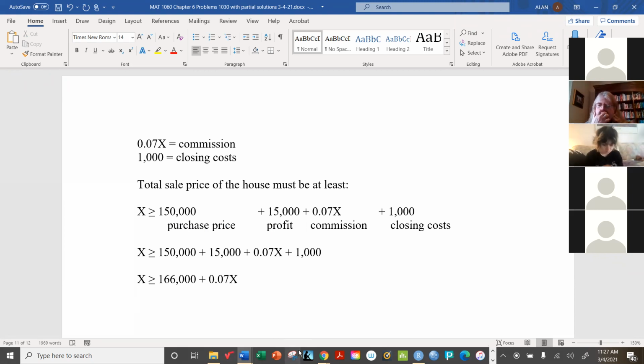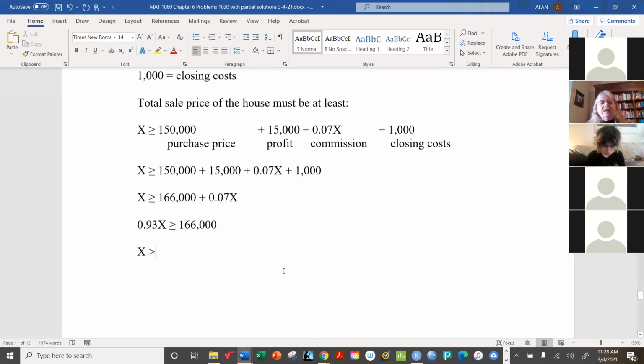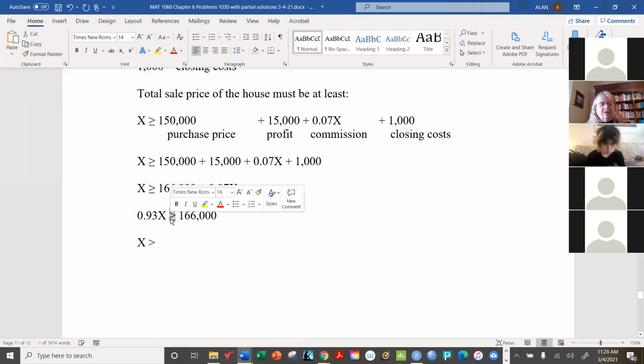Okay, now the next logical step would be to subtract 0.07x from both sides, and that would leave me with 0.93x. Oops. Must be at least $166,000. And of course, now all we have to do is divide both sides by that 0.93, and we'll come up with our answer.